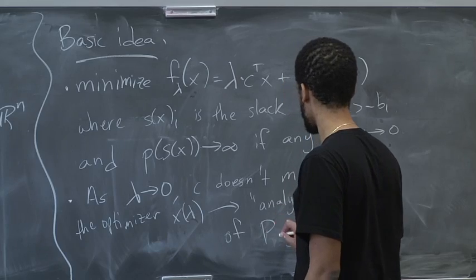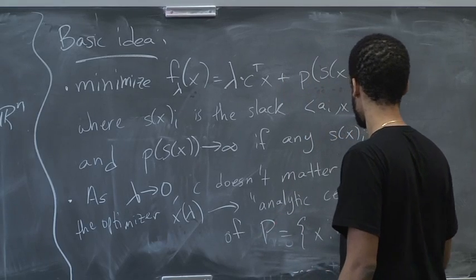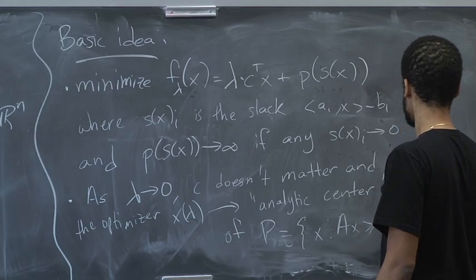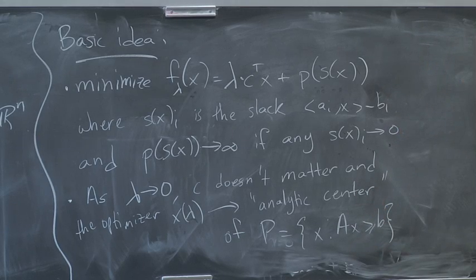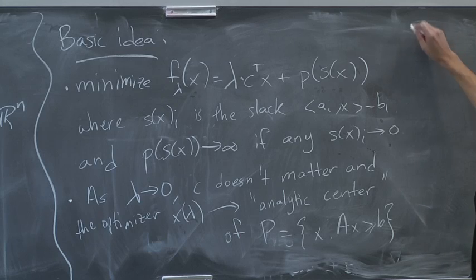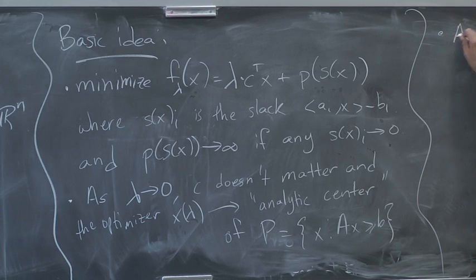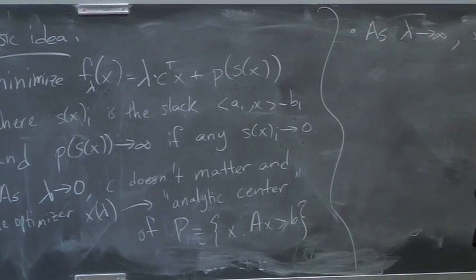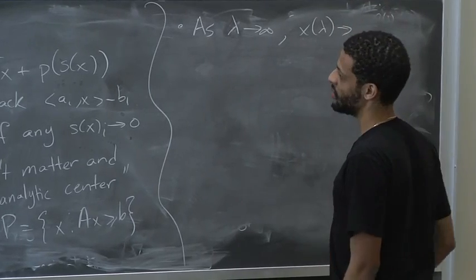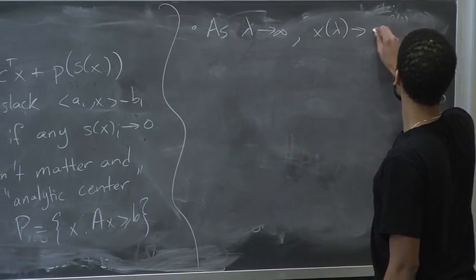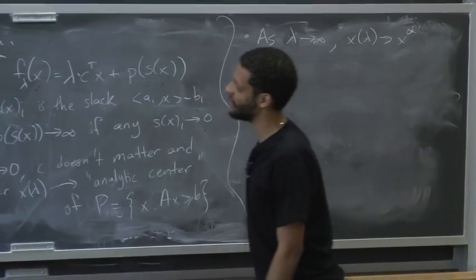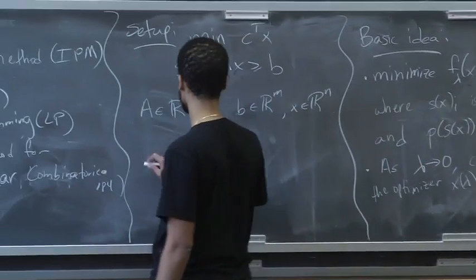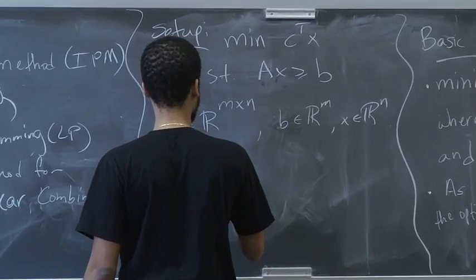The feasible region, let's call it P, is the set of all points x such that Ax is at least b. Meanwhile, as lambda goes to infinity, x_lambda goes to x star, where x star is the minimizer.